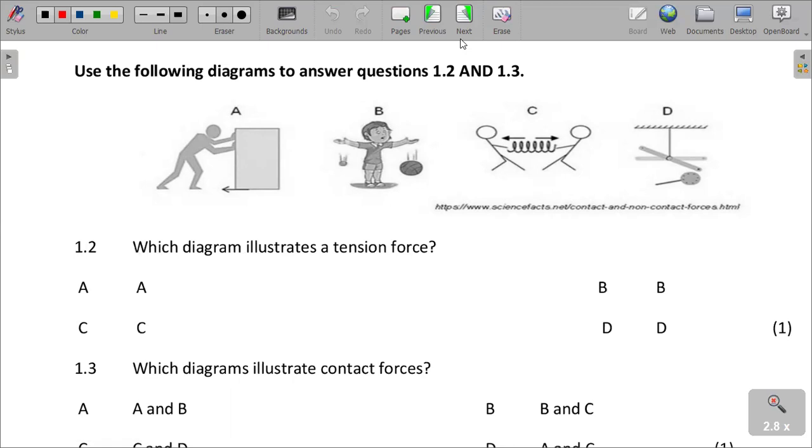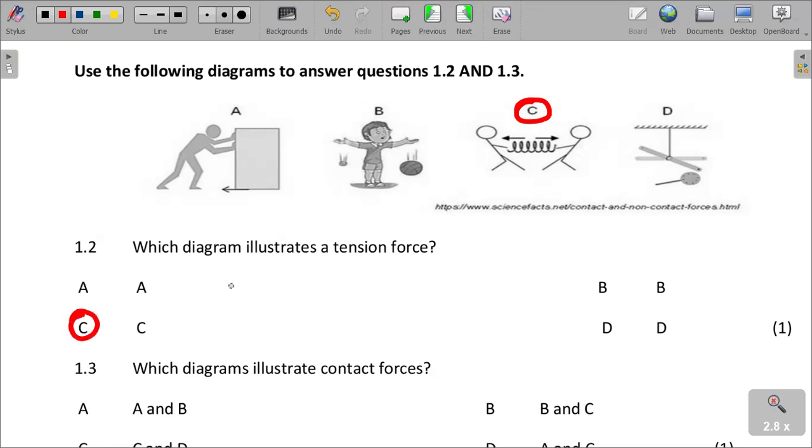Tension illustrates forces that are pulling in opposite directions. We can see that tension is illustrated by letter C, where a spring is being pulled in both directions, which identifies that tension is what is being illustrated there.